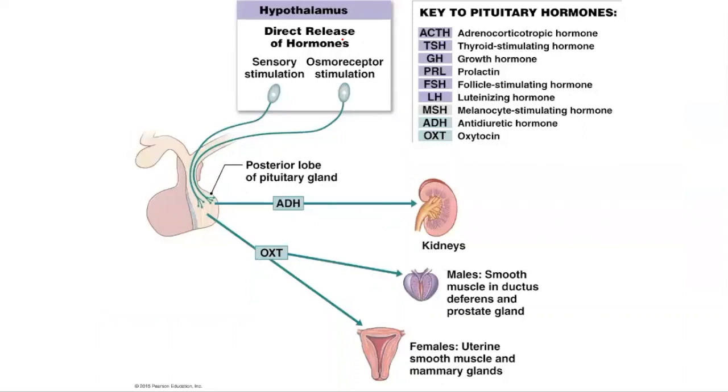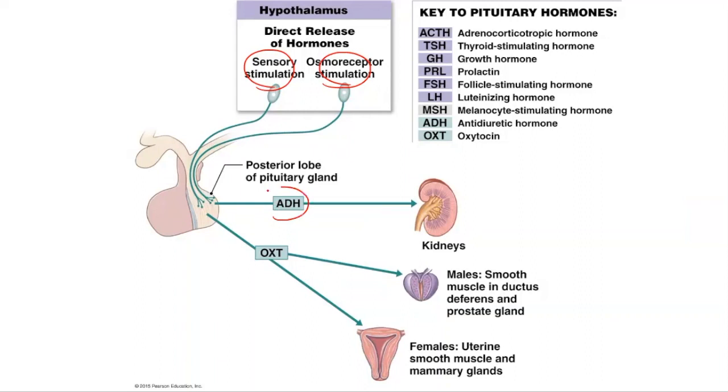Here's a summary of what's happening from hypothalamus to posterior lobe. As I said, the stimulations include sensory stimulation and osmoreceptor stimulation, right? Sensory stimulation for the production of oxytocin, osmoreceptor stimulation for antidiuretic hormone.